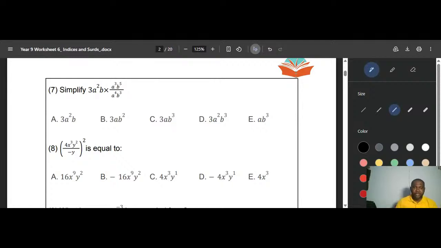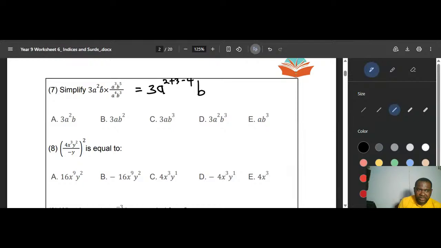Let's do it together. So for the first one, I have 3 already. For the A, I have A raised to power 2 plus 3 minus 4. This 2 plus this 3 minus 4, that's indices. You add when you're multiplying, you subtract when you're dividing.